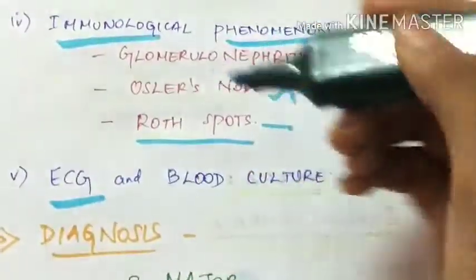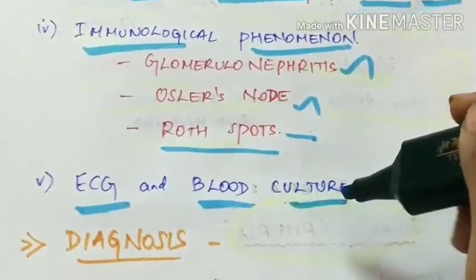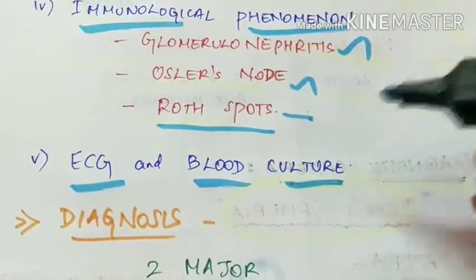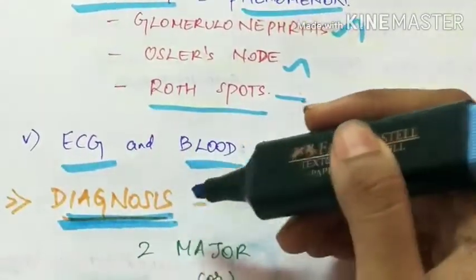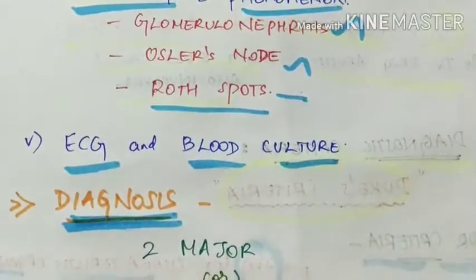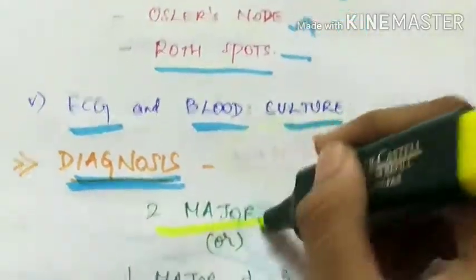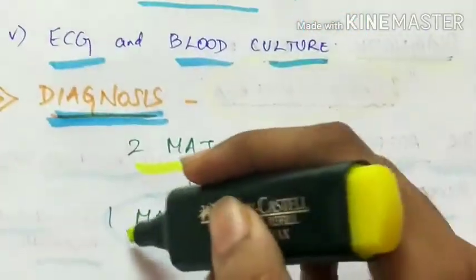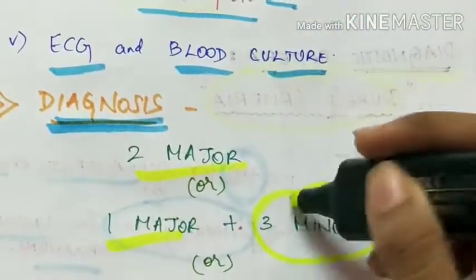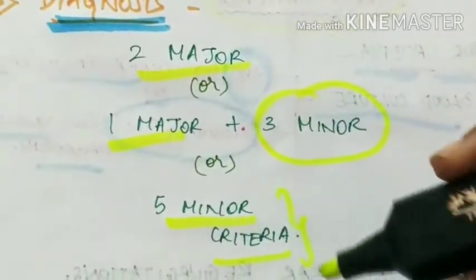Fifth is echocardiogram and blood culture. These are the minor criteria. For diagnosis of infective endocarditis, there should be two major criteria, or one major and three minor criteria, or 5 minor criteria.